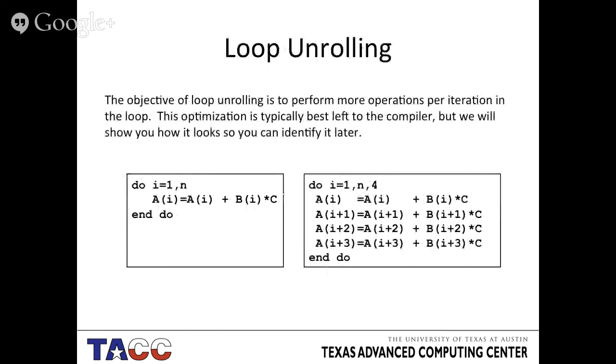For loop unrolling and vectorization, that's critical. If you don't have any dependencies, so A of I does not depend on A of I minus 1, that kind of straight dependency, then the compiler is really good at either unrolling the loop or putting it into a vector unit.